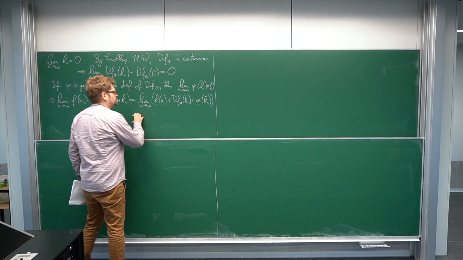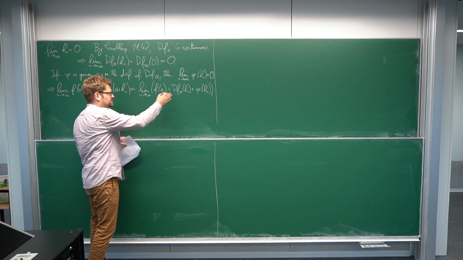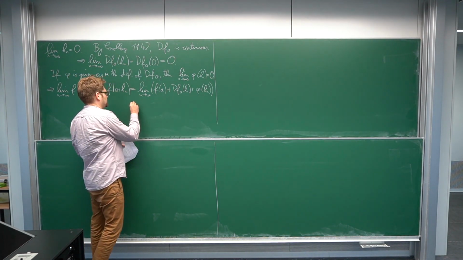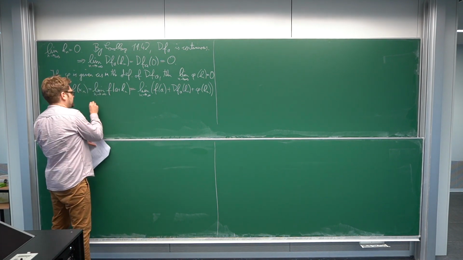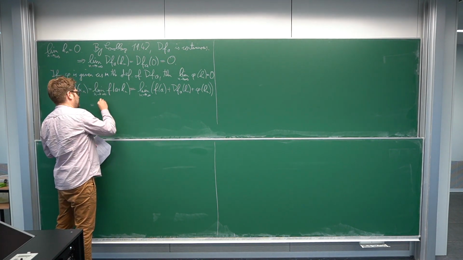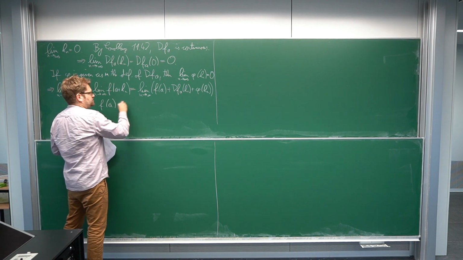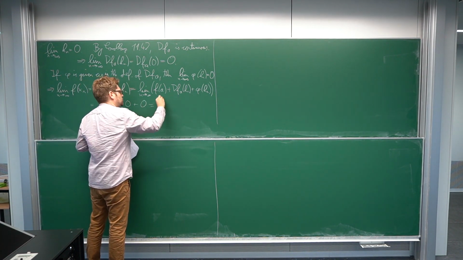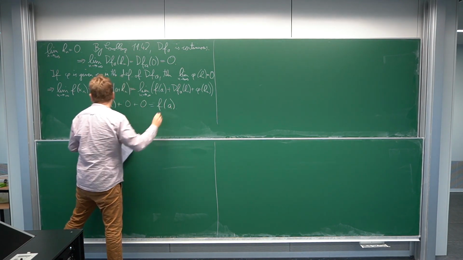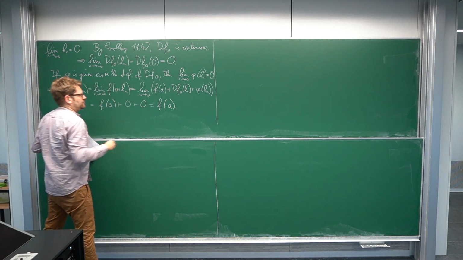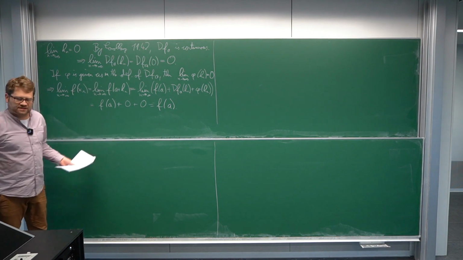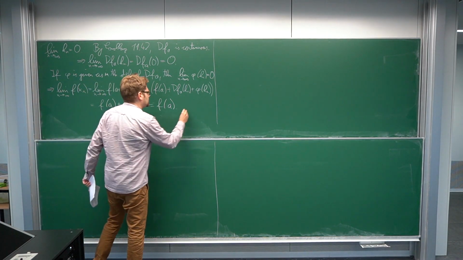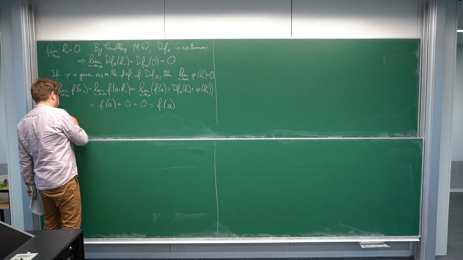And if we take a look at this, limits and sums commute there. This is what we've seen for general normed vector spaces. So this is just f of a, and we've seen this goes to 0 and this goes to 0. So all that remains is f of a. So the limit of f of xn is f of a, and since xn was chosen arbitrarily, this shows that f is continuous. This is sequential continuity.